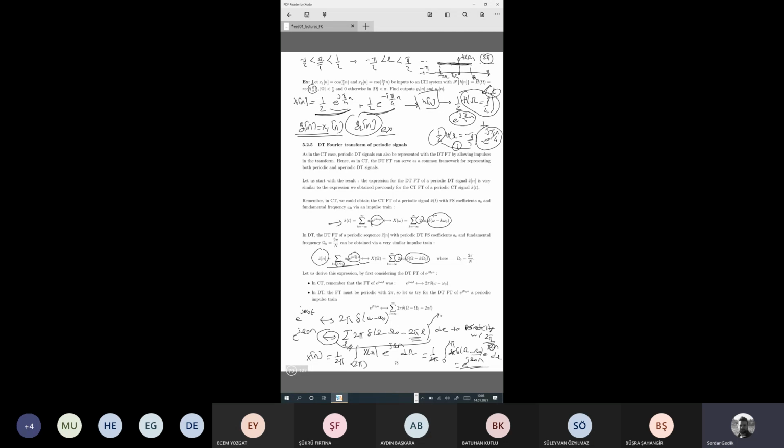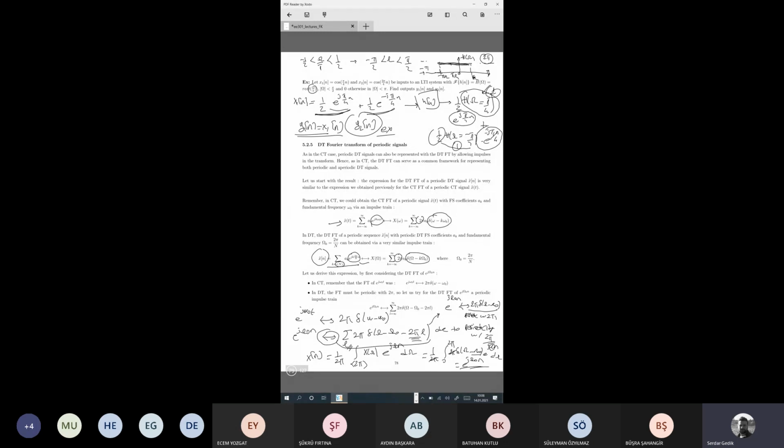So you can for sure tell that e^{j omega_0 n} and 2 pi impulse(omega minus omega_0) are Fourier transform pairs, but you should specify, mention, write that this is periodic with 2 pi.